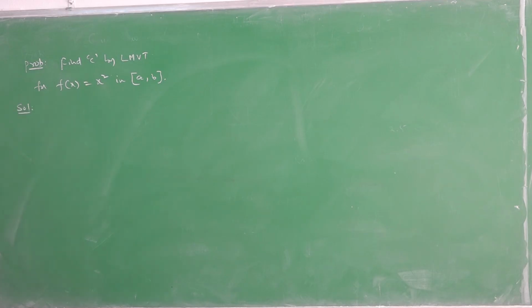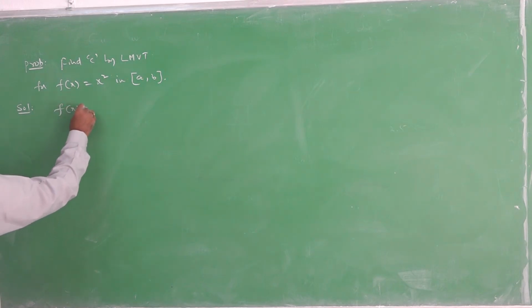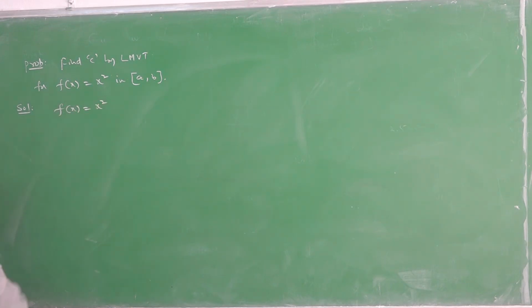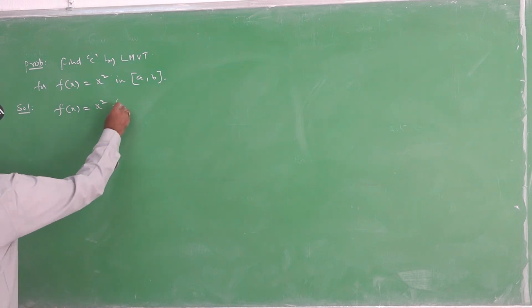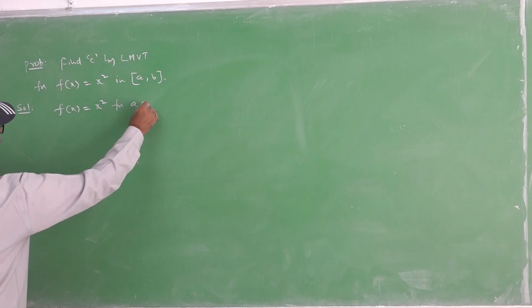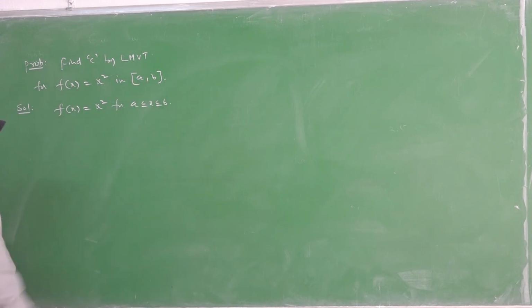The curve f(x) equal to x square, the graph of the function. The given function is f(x) equal to x square, defined for a less than or equal to x less than or equal to b. x lies between a and b.